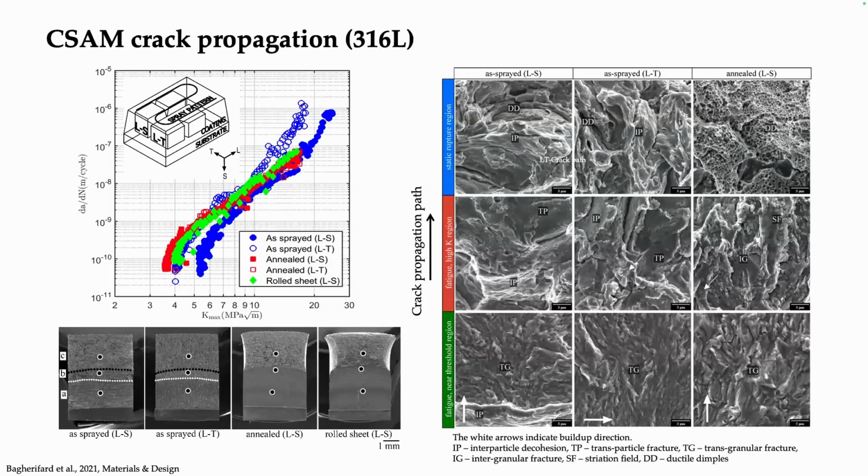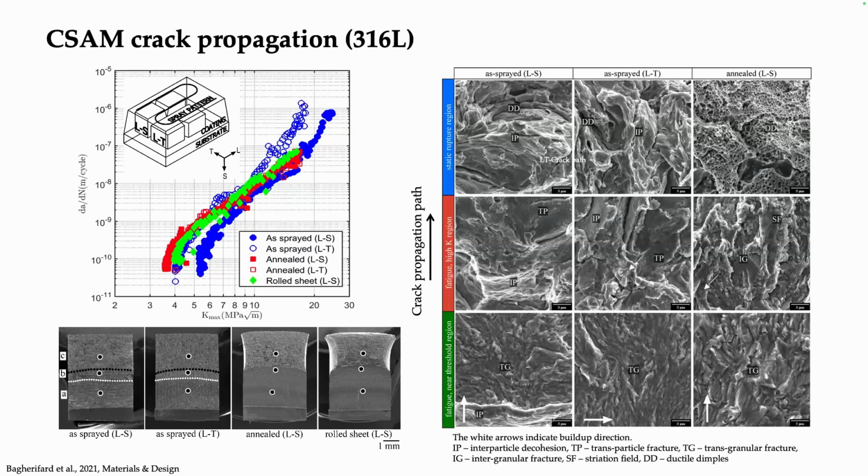different types of loading. We also studied the crack propagation behavior in our samples, trying to force the crack to propagate in different directions, either parallel to the build direction or perpendicular to that. Interestingly, we observed an anisotropy in crack propagation depending on the direction that we were forcing the cracks to propagate, and that was due to the packing direction of the splats, or the single particles, and how they affected the deflection of the cracks.